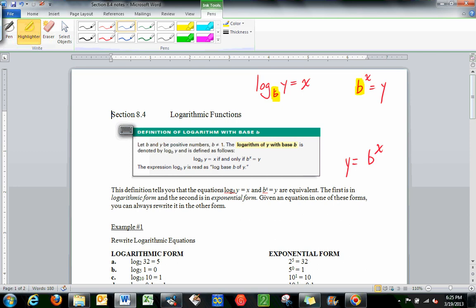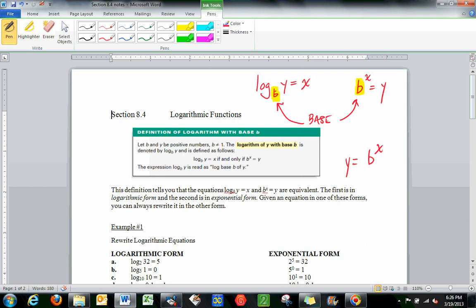The connection between these two is actually the base. So we need to be aware of that relationship between exponential functions and log functions, that they have the same base. Now, if you look at this, you can start to see a relationship between the b, the x, and the y.